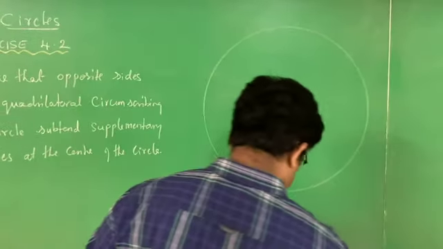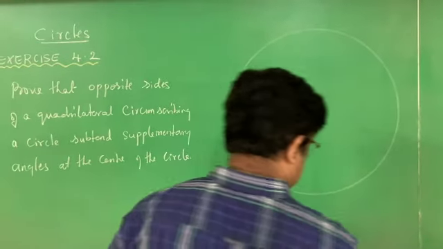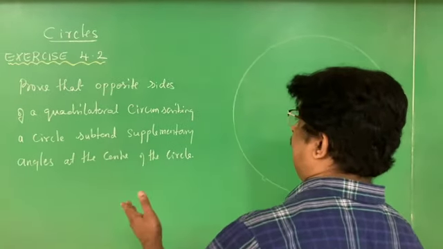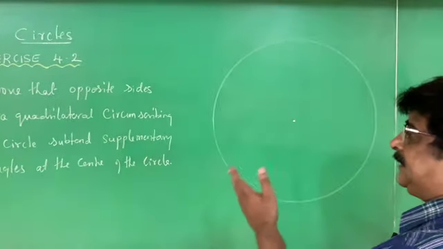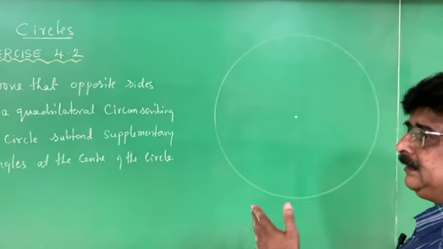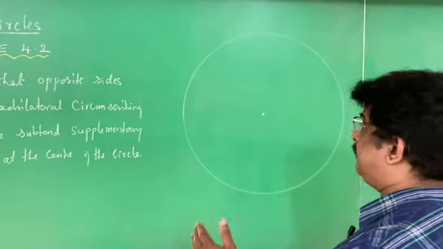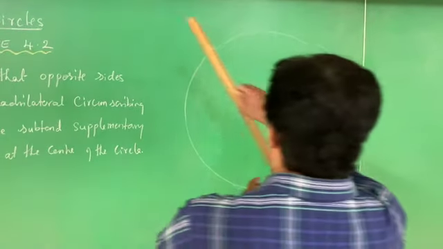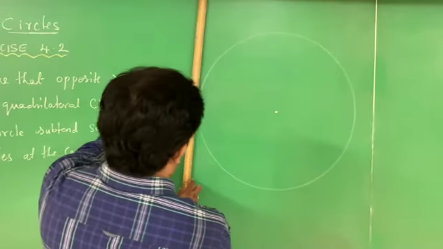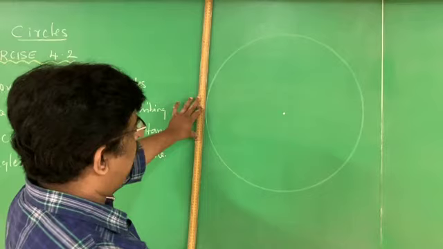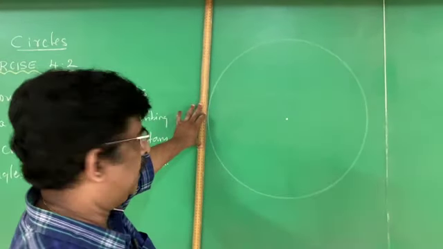It is a circle. A quadrilateral circumscribing a circle means there is a quadrilateral outside this circle, and the sides of the quadrilateral have to touch the circle.